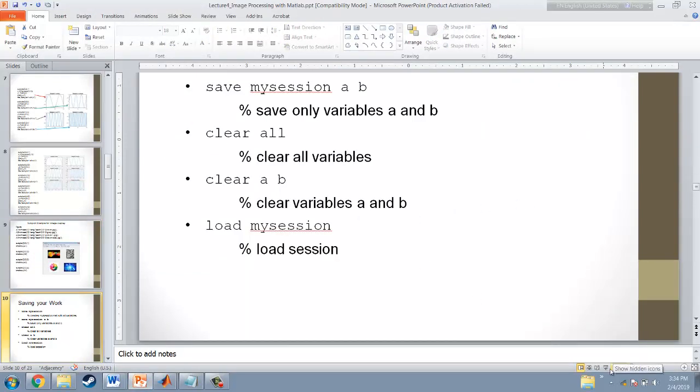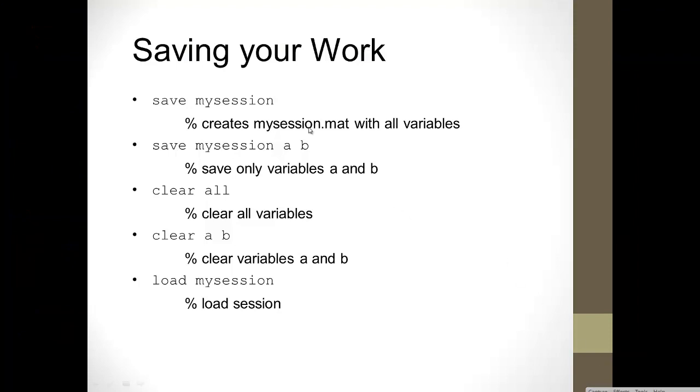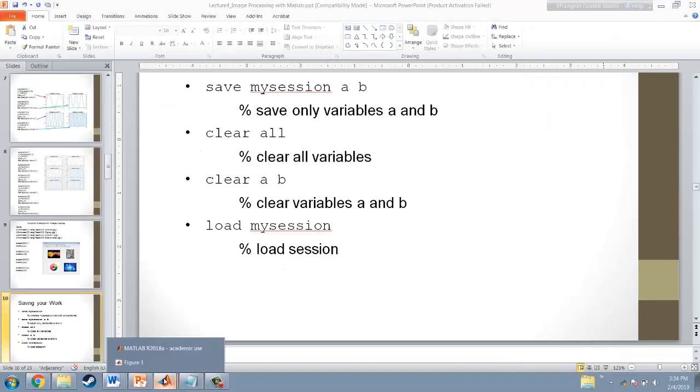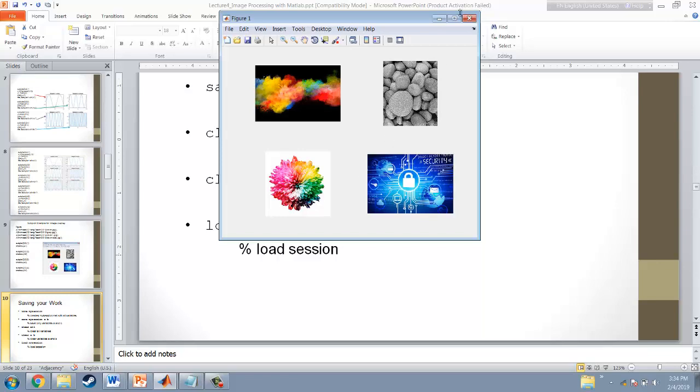There is another important command called save. For example, if you run this save my session, that's the link you can use. Okay, then everything in the workspace will be saved in this file. Also, you can use your own name. Okay, for example, you can close this one.